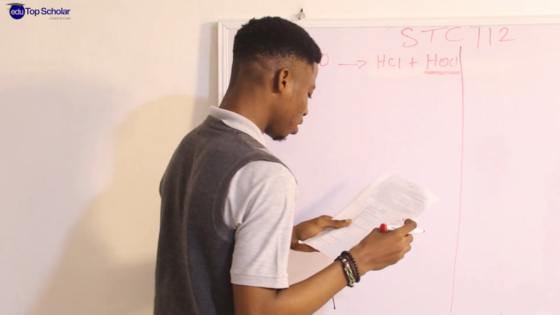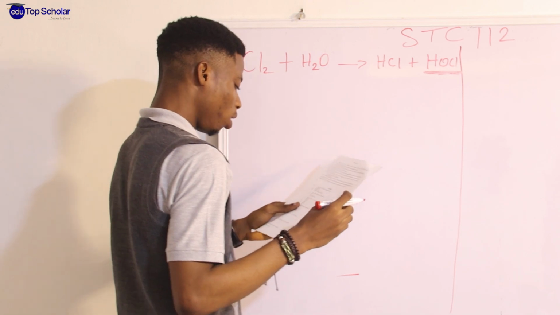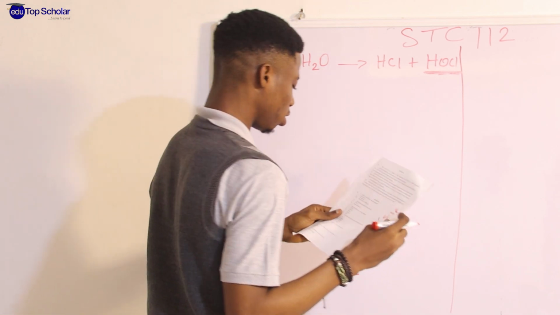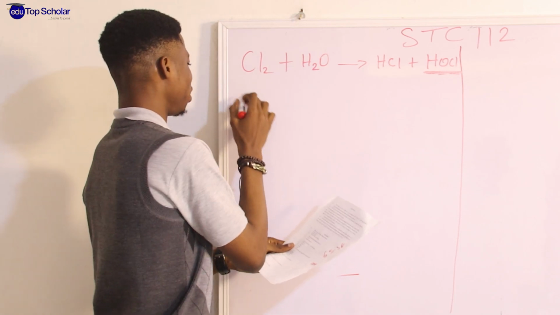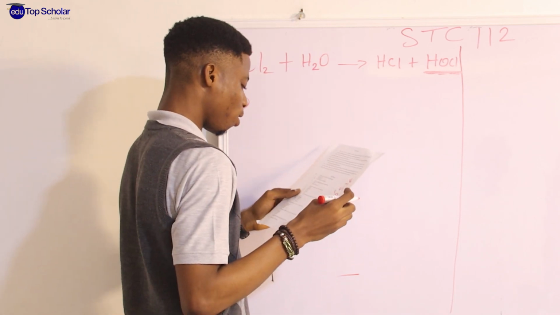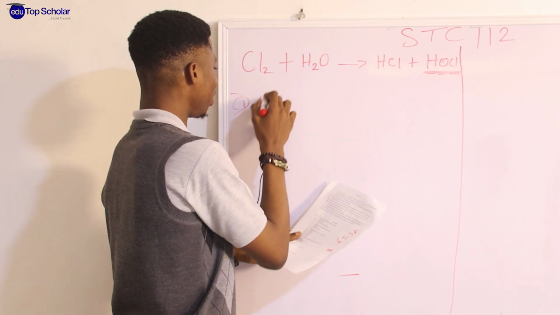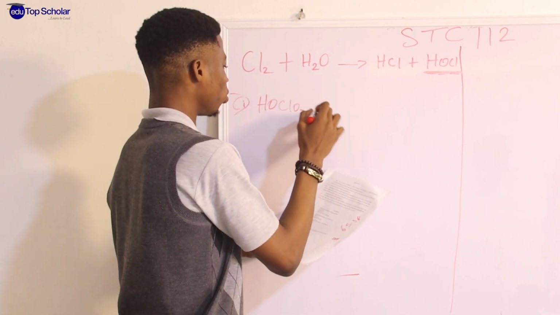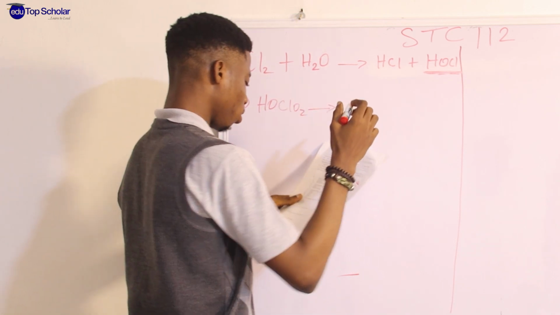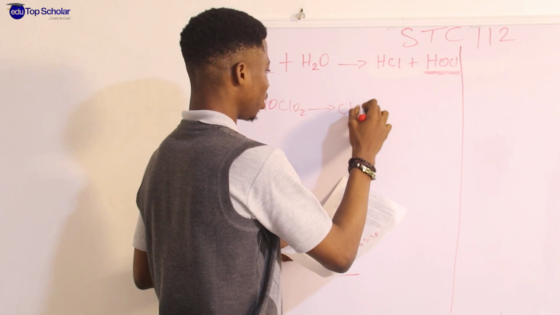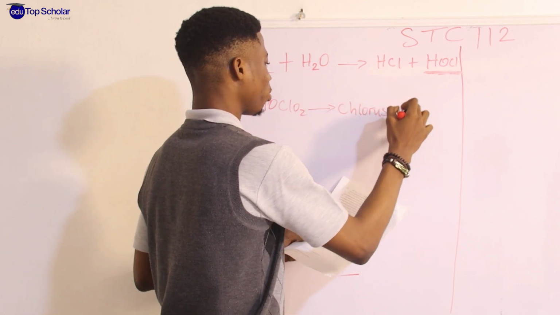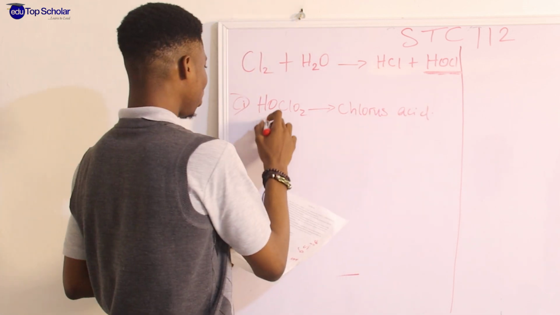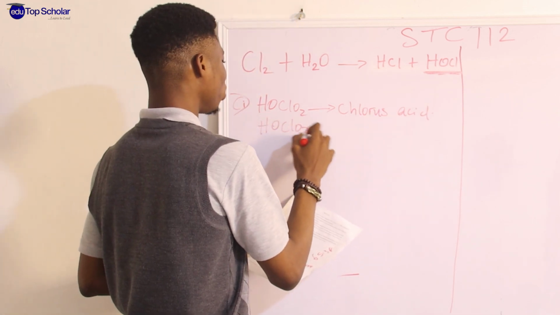So the next one says, name the following oxoacids of halogens. The oxoacids of halogens. We have HOClO2. This one is chlorous acid. The second one says HOClO3.